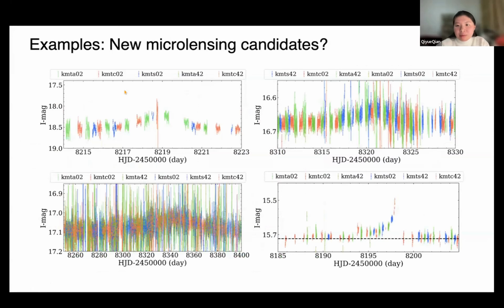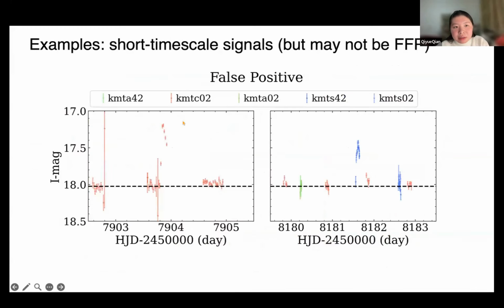And there are some new microlensing candidates with low amplitudes or short time scales, including a binary event. We also found some extremely short timescale signals, which are very similar to the FFP events. But after checking the multi-year data, we found a previous signal that shows significant flare or CV features.